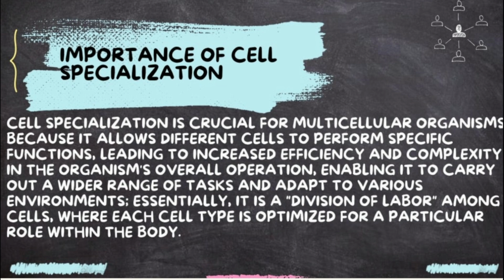Just like in a business, if you have everybody assigned a different task, it would work out much better than if you have one person running up, down, sideways, everywhere, trying to get things done. That's not efficient, right? So the goal behind cell specialization is to divide the labor and allow for more efficiency within cells. That is the role.